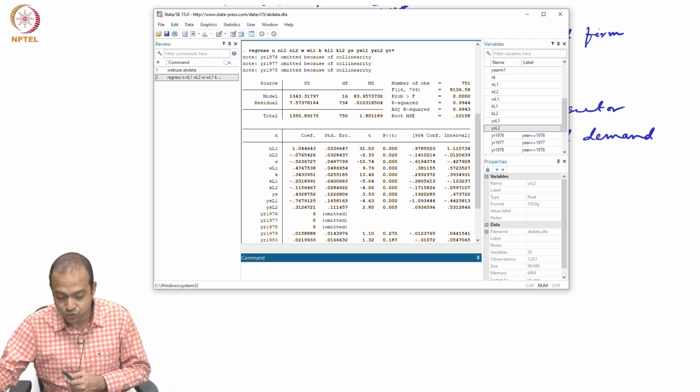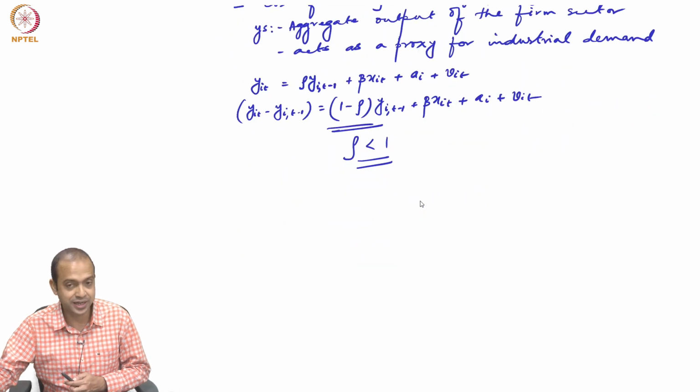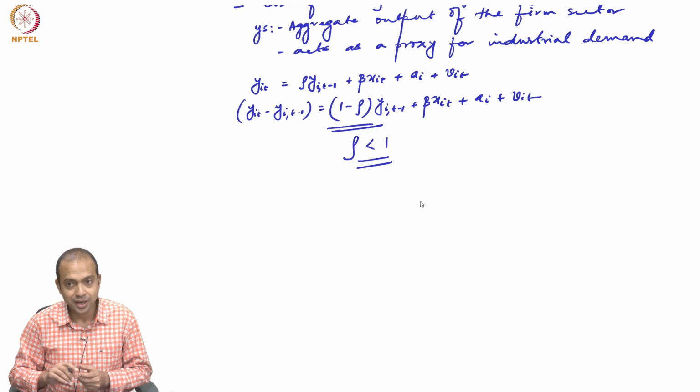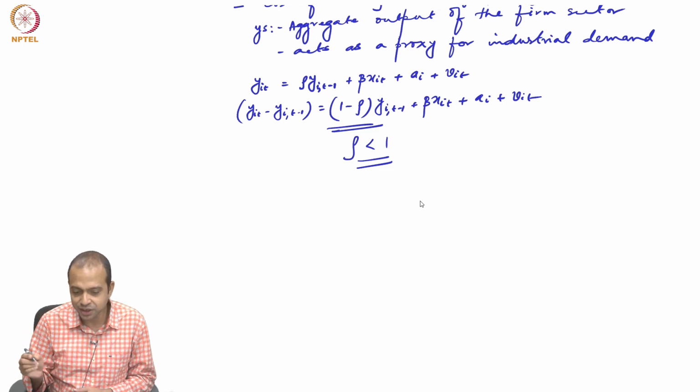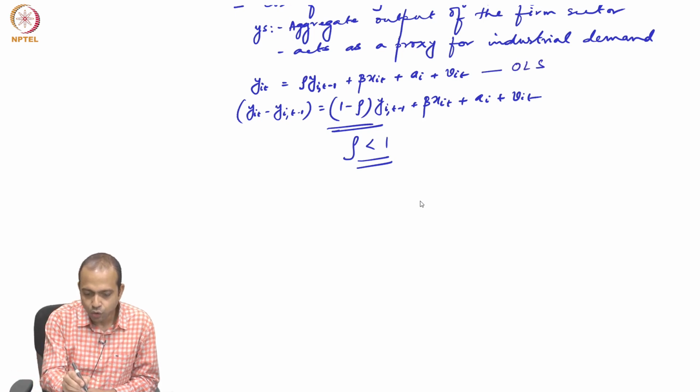Now, why is this overestimation happening? That is also something we need to understand. Again, we will go back and recall what is happening here. When we are applying OLS in this model, what is the problem?